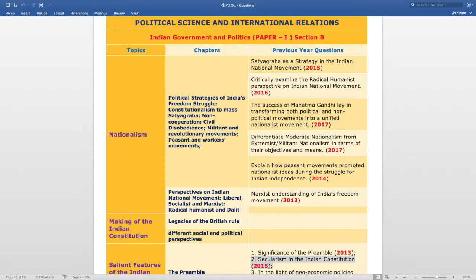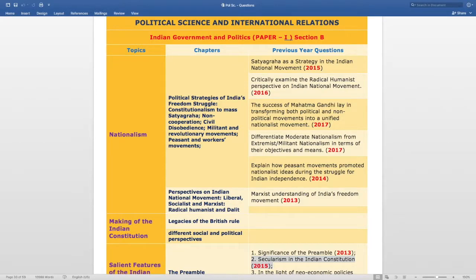This question is asked in 2016. The success of Mahatma Gandhi lay in transforming both political and non-political movements into a unified nationalist movement. This question is asked in 2017.